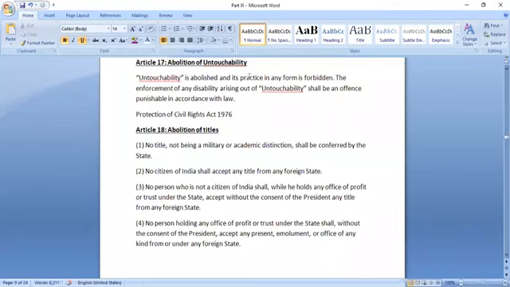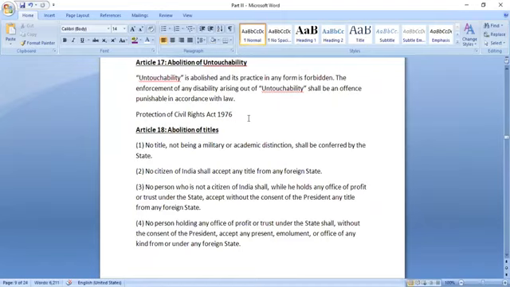So untouchability is abolished and its practice in any form is forbidden. The enforcement of any disability arising out of untouchability shall be an offense which is punishable under law. So it was the Protection of Civil Rights Act 1955, which makes provisions which lead to legal consequences for any sort of practice under this particular thing.